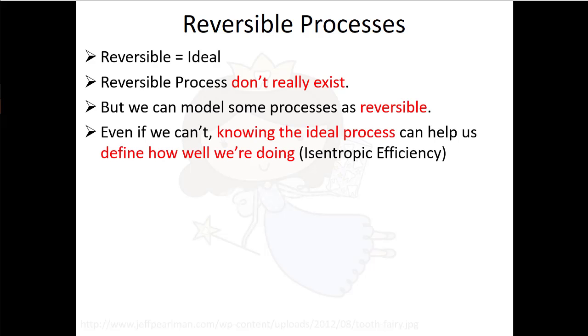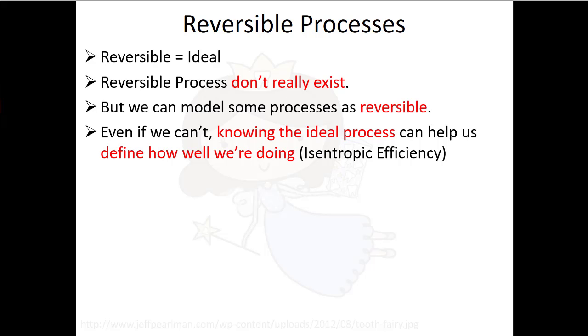So if we know something about the ideal process, that can help us compare against the real process. I said we might want to look for low-hanging fruit. If we compare how we're actually doing to the ideal process, maybe the one that's furthest away from ideal is going to be the easiest to improve, where we can get good benefits for low cost.